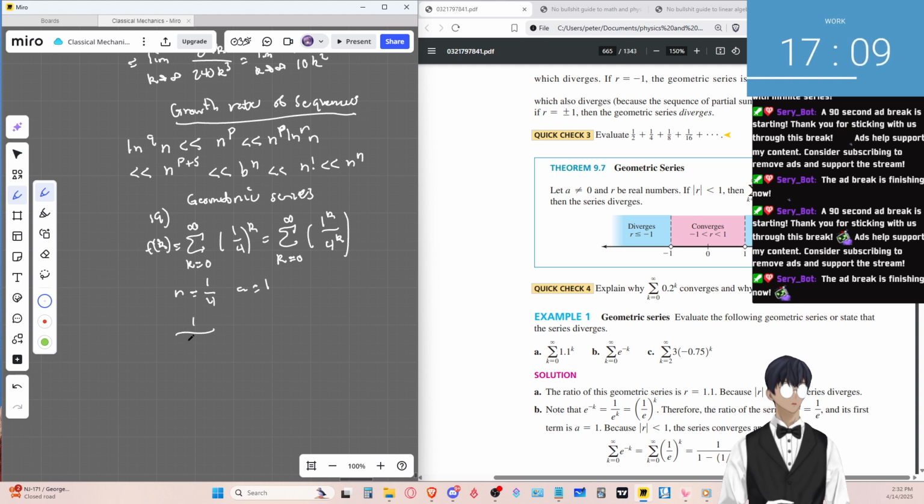So you have 1 over 1 minus r, in this case would be 4 over 4, meaning that it would turn out to be 4 over 3.